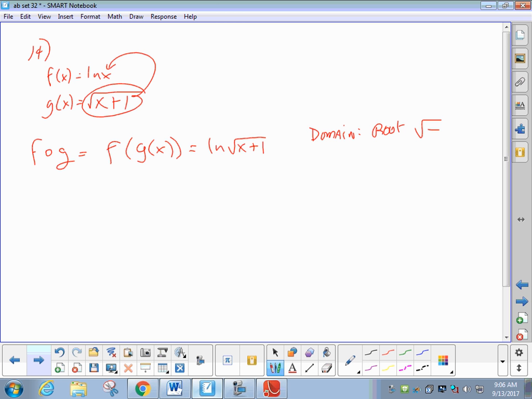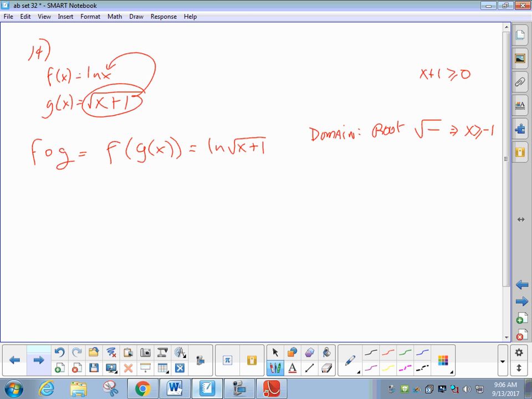So that implies right there that x must be greater than, what about equal to? Equal to -1. Okay, that comes from me mentally saying x plus 1 has to be greater than or equal to 0, which implies x has to be greater than or equal to -1, right?